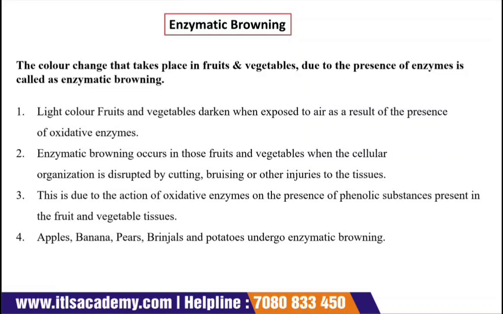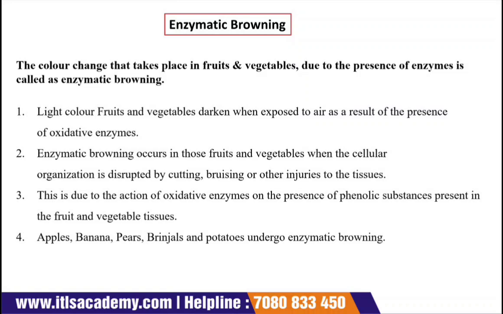This is again important, as someone will ask you, क्या browning reaction हर एक में होती है? No, browning reaction occurs in those fruits and vegetables when their cellular organization is disturbed by cutting, bruising, or injuries to the tissue.